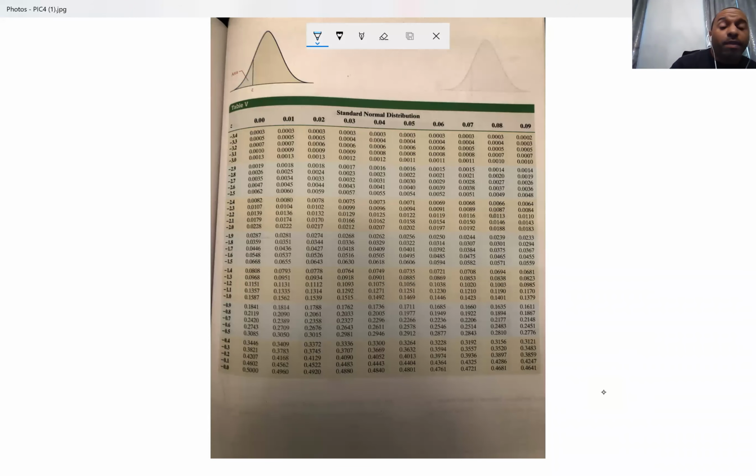But let's say if I had that positive 1.2, then I wouldn't use this one because this has my negative values. So I'll go to my positive one. So let me share the positive one.